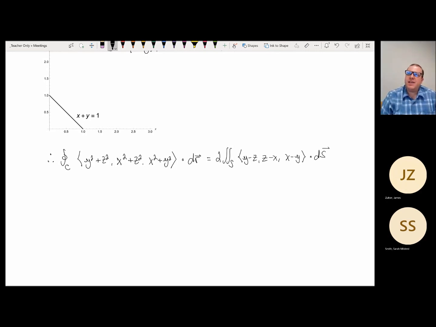All right, set it up as a surface integral. Now we set up our surface integral as a double integral. Remember that means evaluate the curl along the parameterization. x, y stays the same, z becomes 1 minus x minus y.